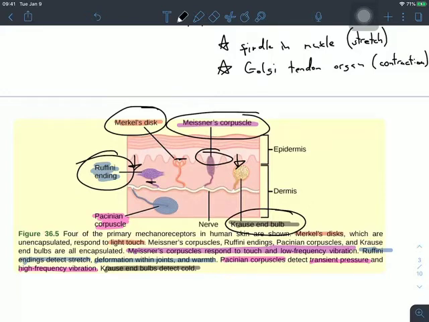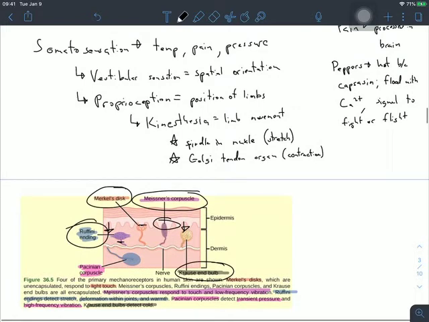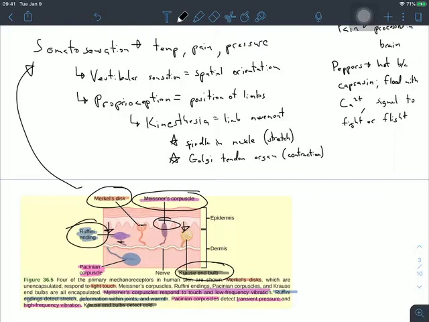These detect changes in pressure, so something that pokes you but then stops poking you, as well as high-frequency vibrations. Now, all these different receptors are what we use in order to form our senses of somatosensation, vestibular sensation, proprioception, and ultimately limb movement.